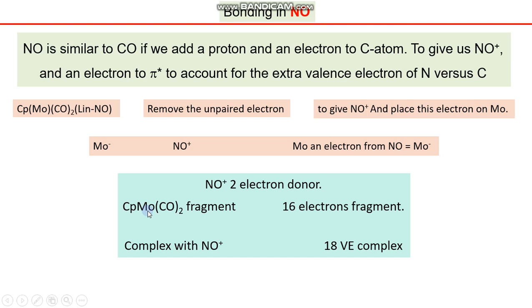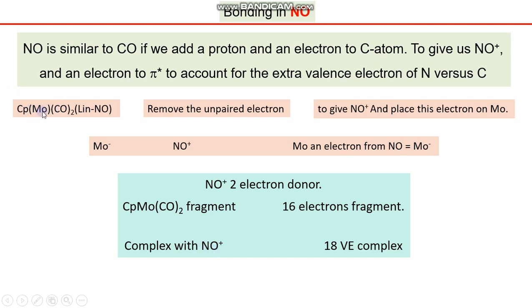This complex is a 16 valence electron complex, which means the number of electrons contributed by cyclopentadiene, the number contributed by two carbonyl fragments, and the number contributed by a nitrosyl.